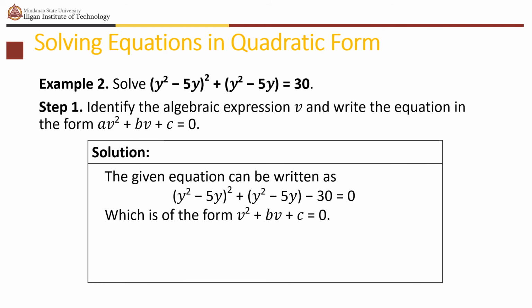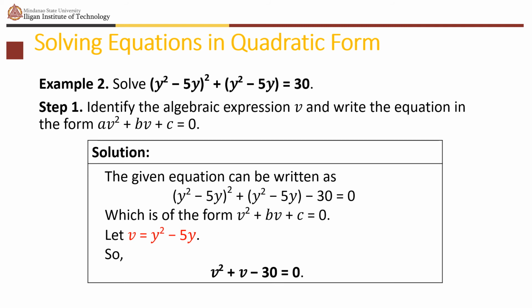We let y squared minus 5y be equal to v. Then you have v squared plus v minus 30 equal to 0.